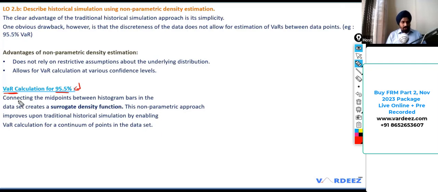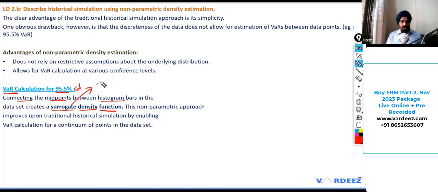What you can do is connect the midpoints in your histogram bars, which is discrete data. You can convert that data set into something known as a surrogate density function. Now, what do you mean by surrogate? Surrogate is something that is not true.